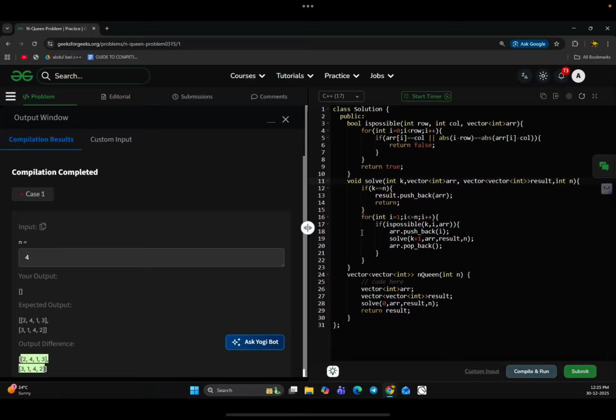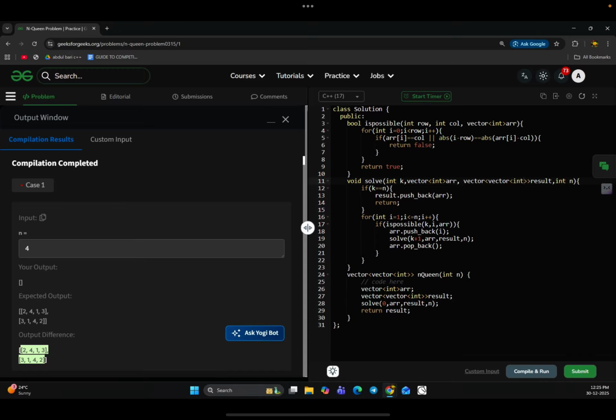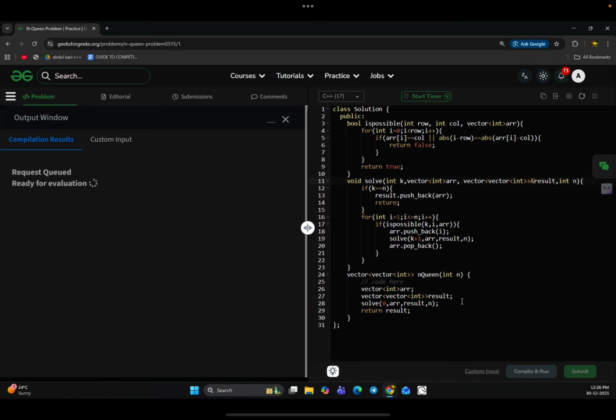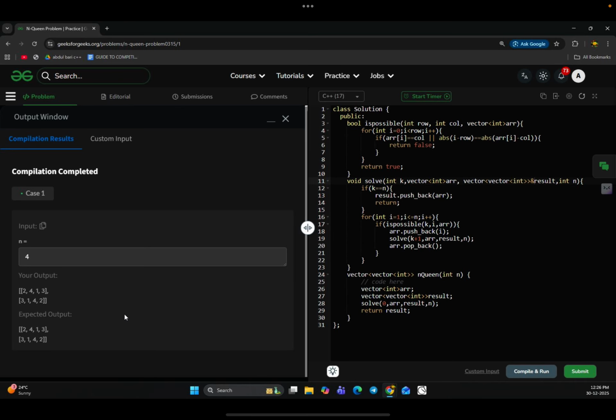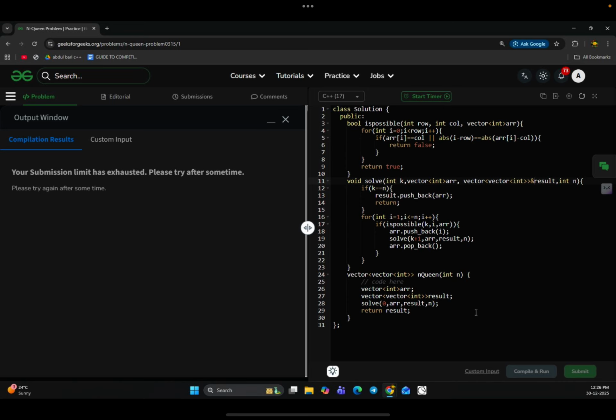Let's try now. Okay, we haven't passed it by reference, we have to pass it by reference. Now let's see. Yes, it is giving us the correct answer. Let's submit and check if it is working for all the test cases. Okay, let's submit again.